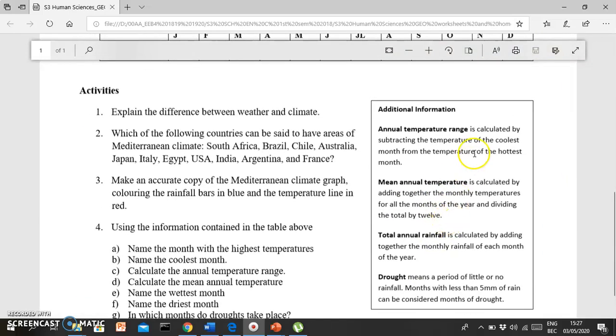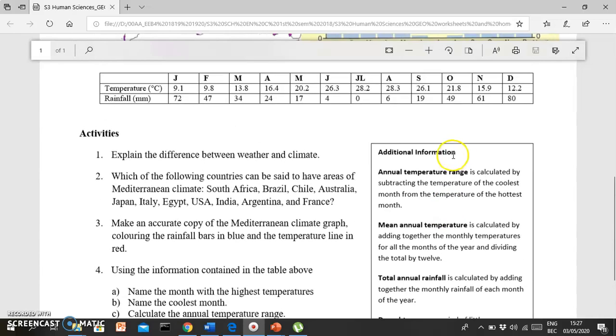Now, some terms. So, annual temperature range, what is that? The annual temperature range of a particular place, you get that by subtracting the temperature of the coolest month from the temperature of the hottest month.